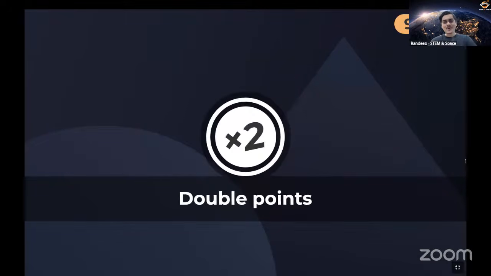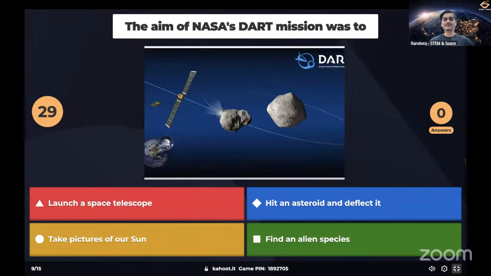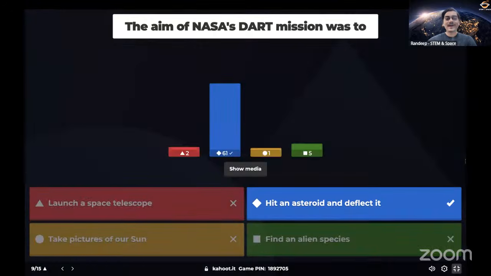So here's a question for double points now, kids. The aim of NASA's DART mission was to... The answer is to hit an asteroid and deflect it.